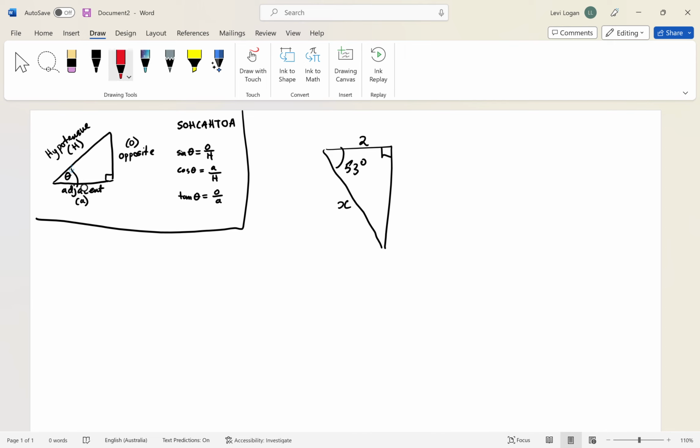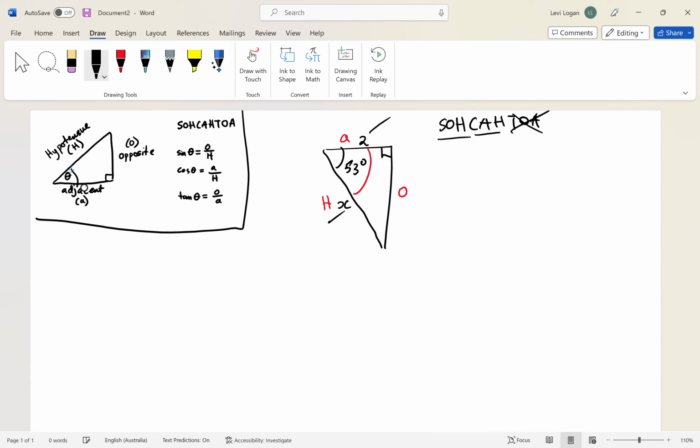Alright, straight off the back, mark our angle here. Opposite, adjacent, hypotenuse. So, SOH CAH TOA. Alright. So we want to find our hypotenuse, so we have to use sine or cos. We don't need tan. Tan won't help us.